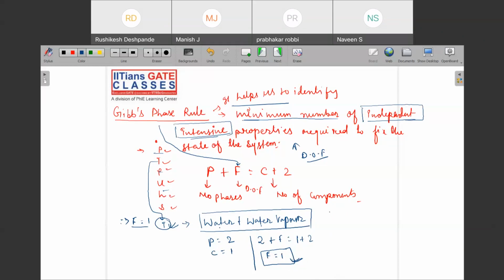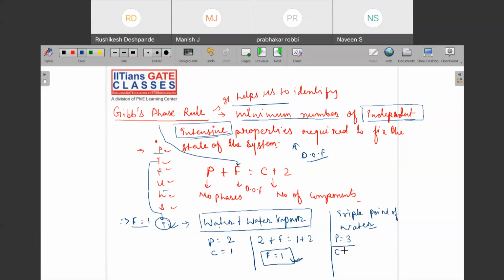Let us apply this concept to the triple point of water. Okay, then what happens at the triple point of water? The number of phases coexisting in equilibrium is 3, which means solid, liquid and gas, all three phases are coexisting.